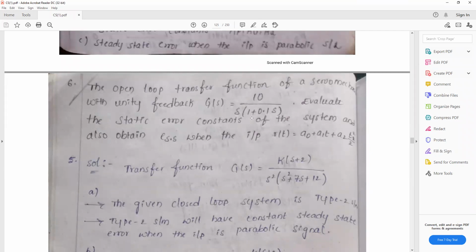Evaluate the static error constants of the system and also obtain the steady state error when the input is A0 plus A1 T plus A2 T square by 2. Okay. So ikkada manaki oka open loop transfer function ichadu. So ee open loop transfer function calculate the static error constants.